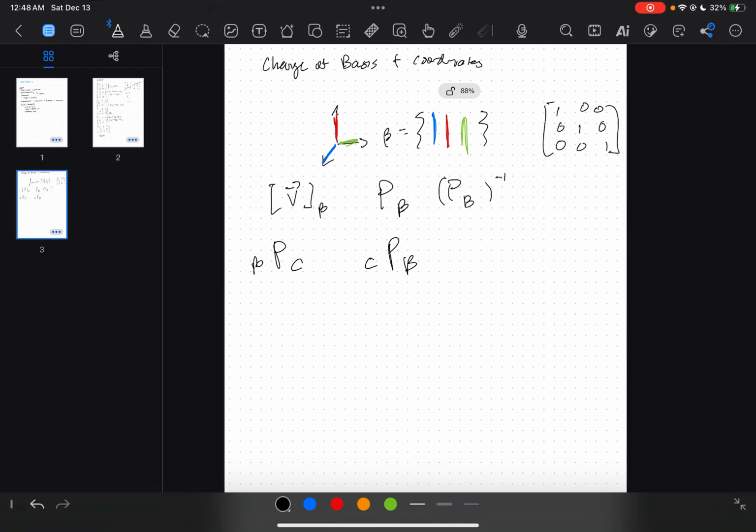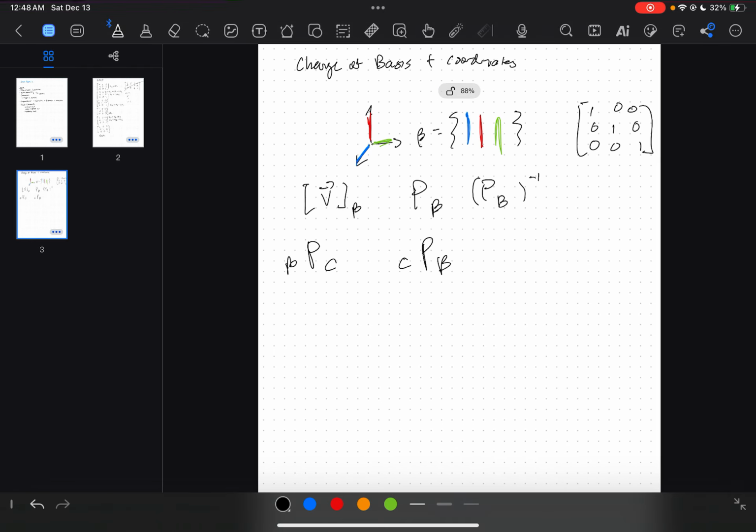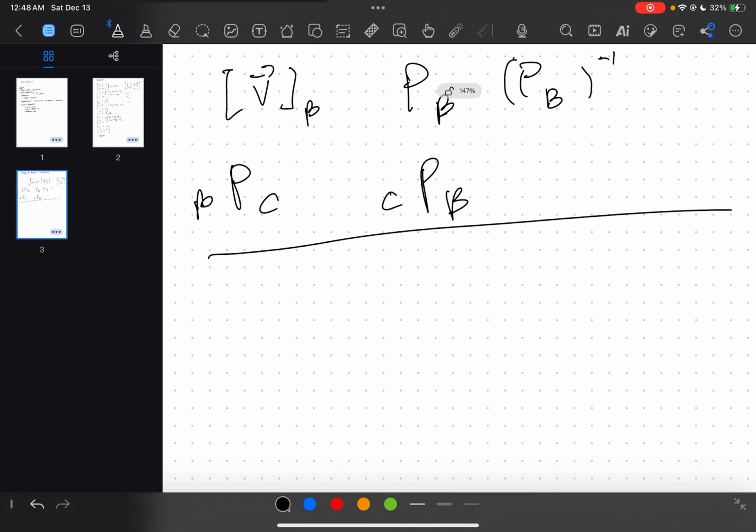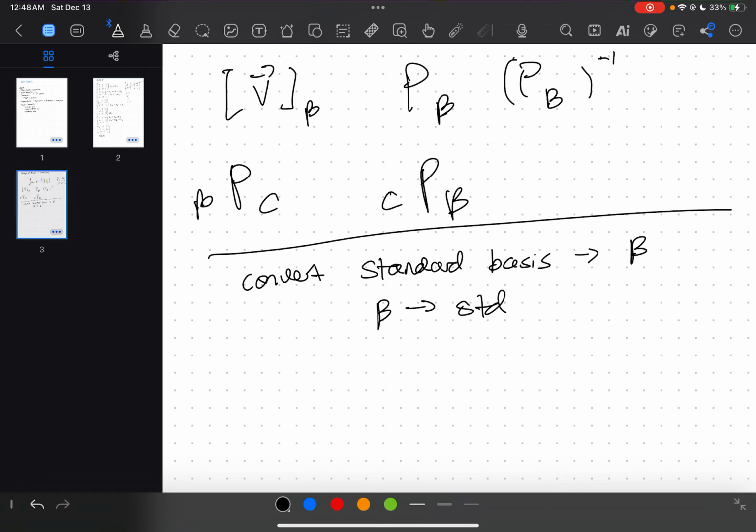So for these questions, they ask you a few different things. Let's say you want to convert standard basis to non-standard, or non-standard to standard. This is the abbreviation.